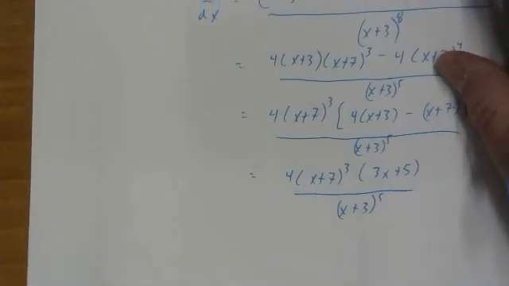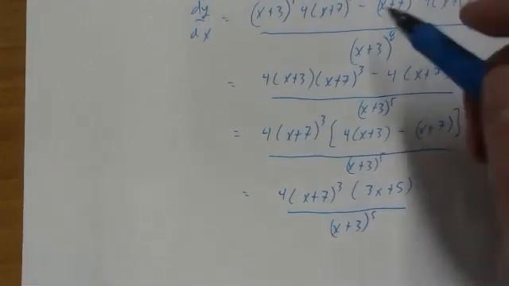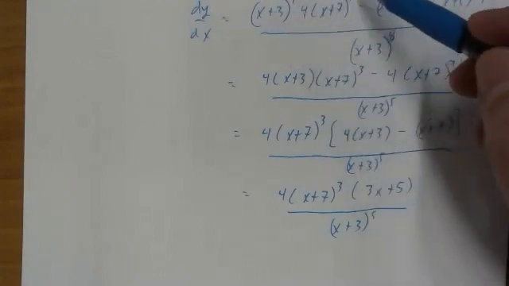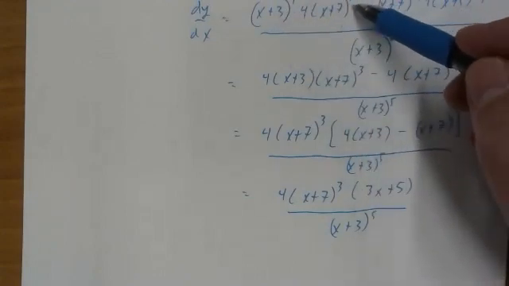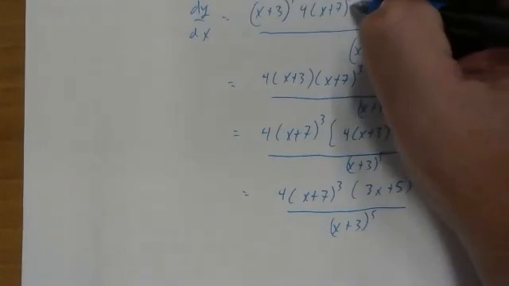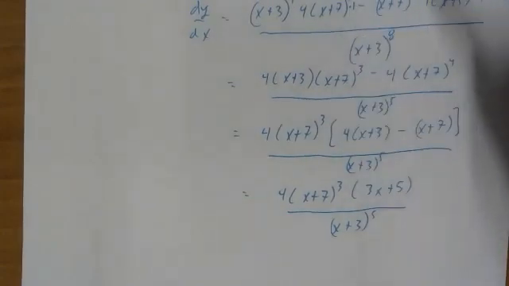So let's go back. So low D high, chain rule, it's 1, minus high D low, 1.